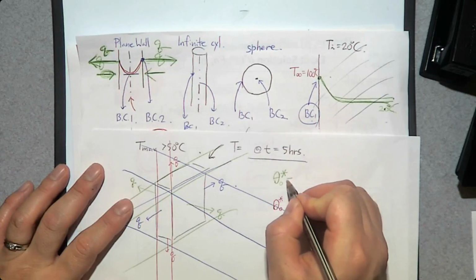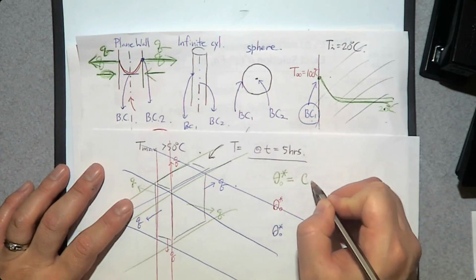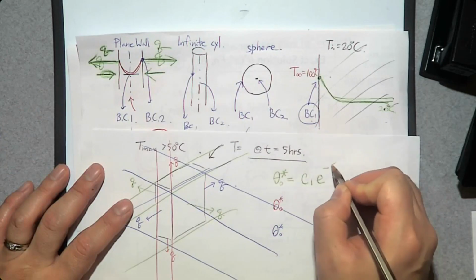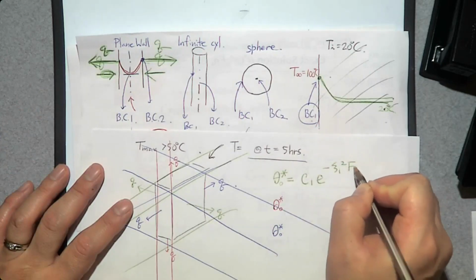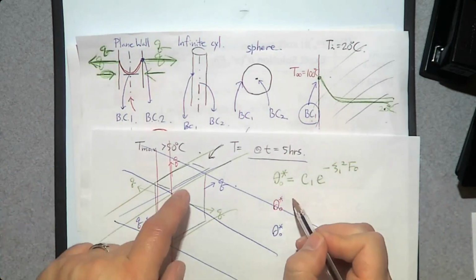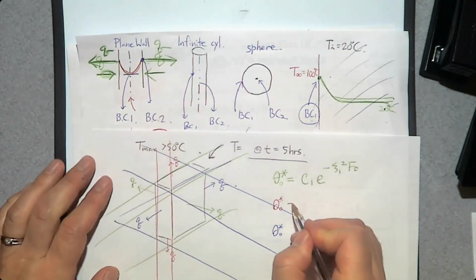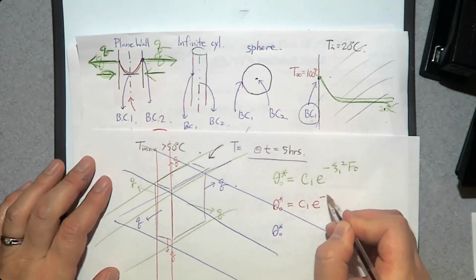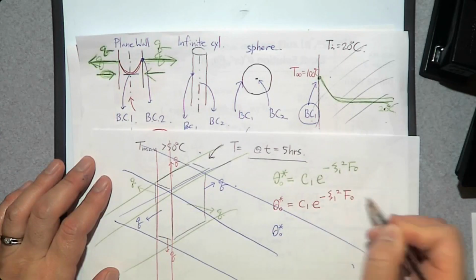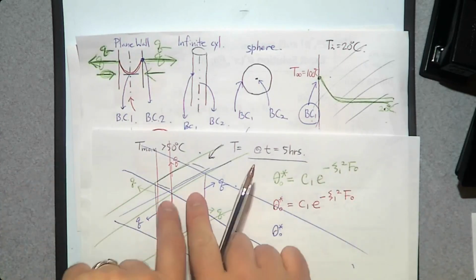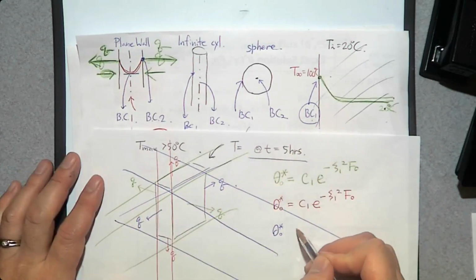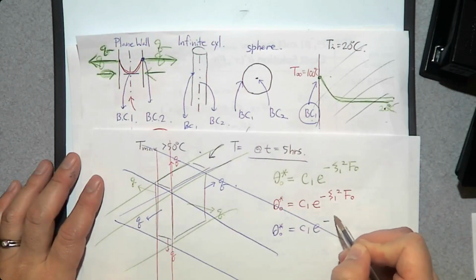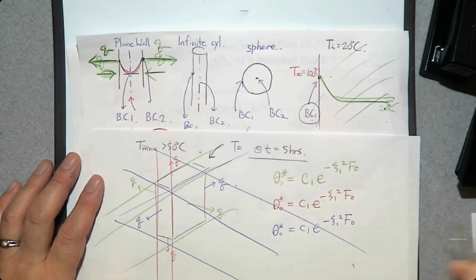By the way, this can be C1 e^(-ζ1² · Fourier number). What about this red, up and down? C1 e^(-ζ1² · Fourier number). What about this blue, these two directions? C1 e^(-ζ1² · Fourier number).